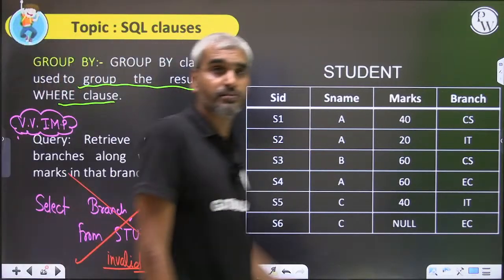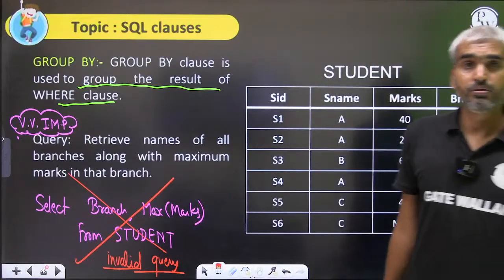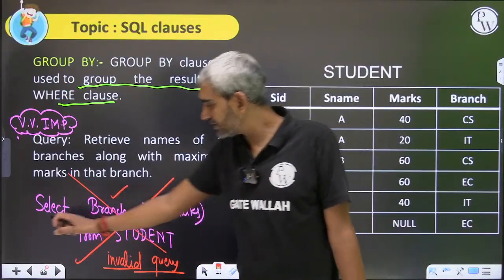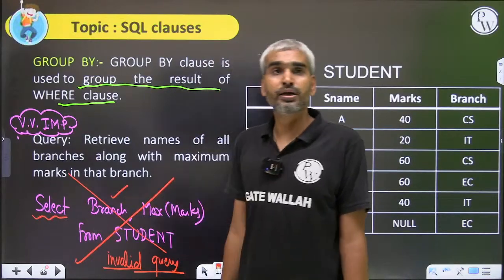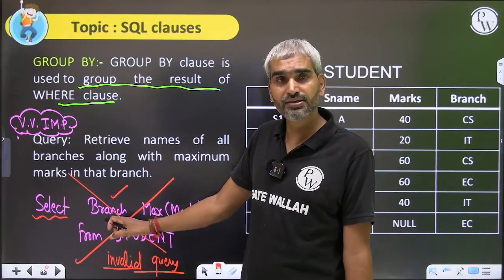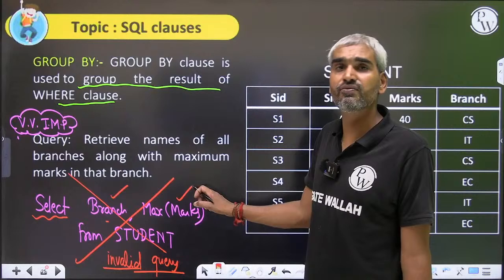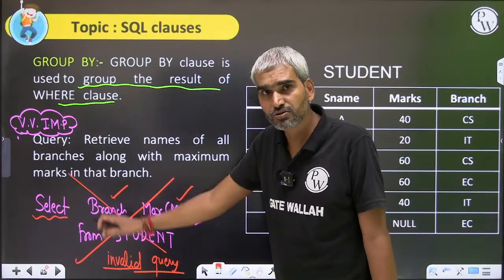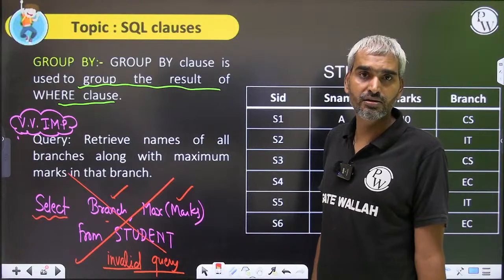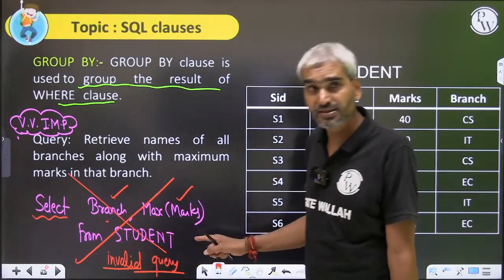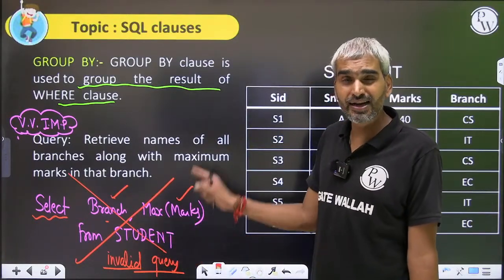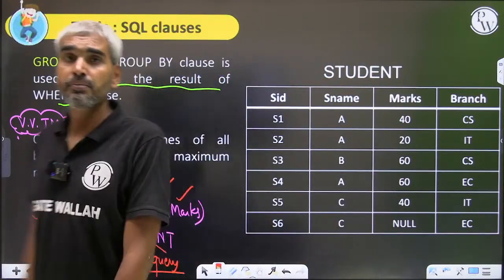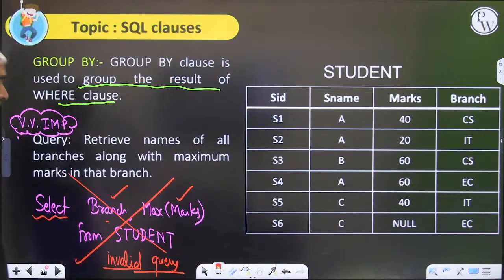Invalid query. There's a rule. Sir, you cannot select any attribute in the select clause along with aggregate function if that attribute is not present in the group by clause, right? So if at all you want to do this, then you will have to create the groups based on branch, otherwise it cannot be done.